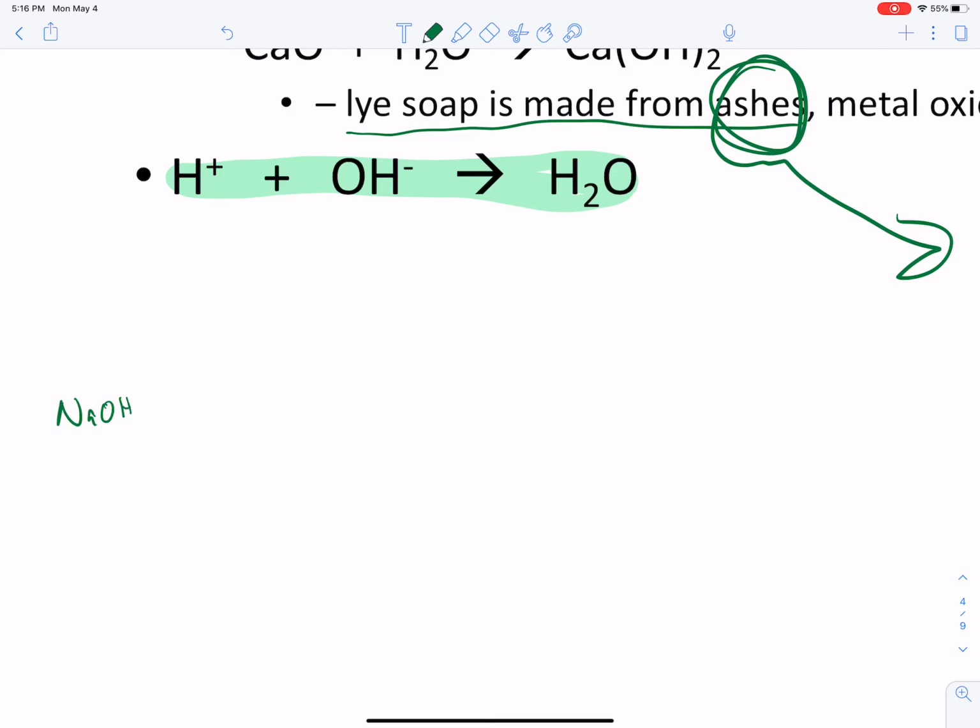NaOH falls apart to produce Na plus and OH minus, right? HCl falls apart to form H plus. Let me rearrange it real quick. Cl minus plus H plus. If I take these two reactions and put them together, what do I got? Bibbidi, bobbidi, boo.